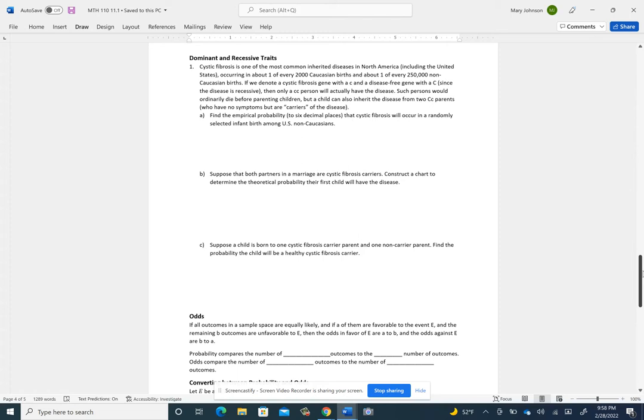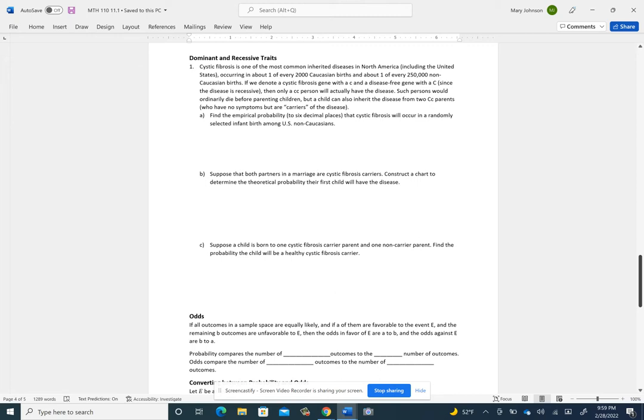The little c represents the cystic fibrosis gene, and the capital C is a disease-free gene. It says that this disease is recessive, which means only people who have both of the cystic fibrosis genes, one from the mom, one from the dad, will actually wind up having the disease. So you'll have to have two little c's.